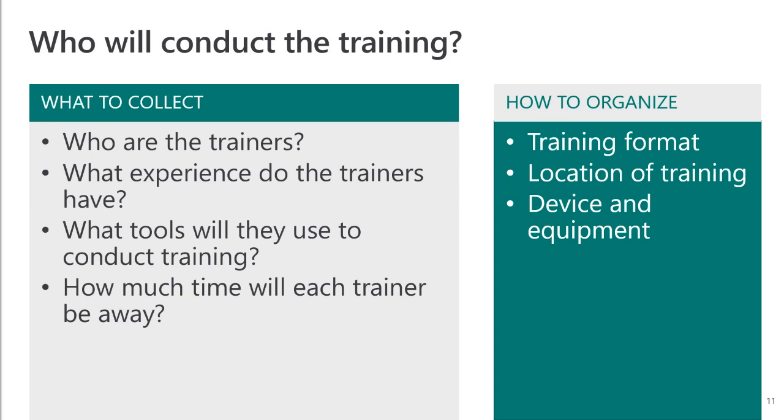But you'll need to ask yourself, what experience do those users have with training? Because just because they're great at the business process or they understand the business really well doesn't necessarily make them a great trainer. So you'll need to consider what their presentation skills are, and maybe that person would be better suited towards writing content or being a facilitator in the classroom rather than the person standing up in front of the classroom.